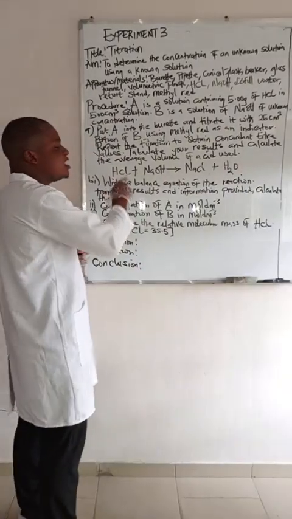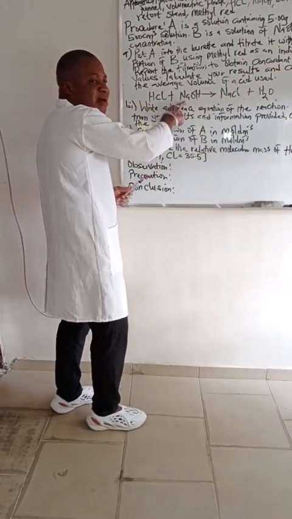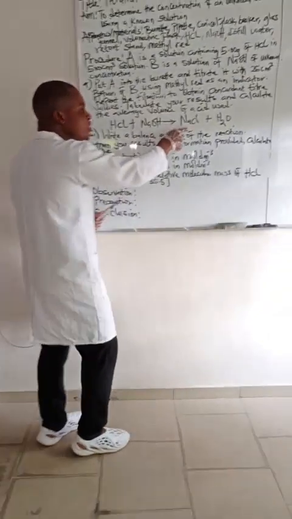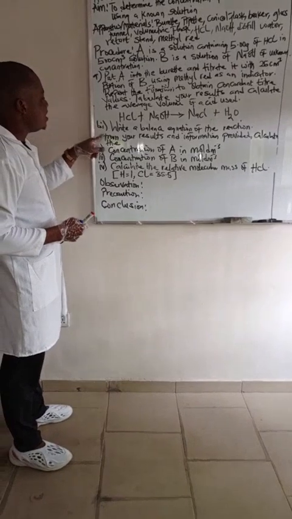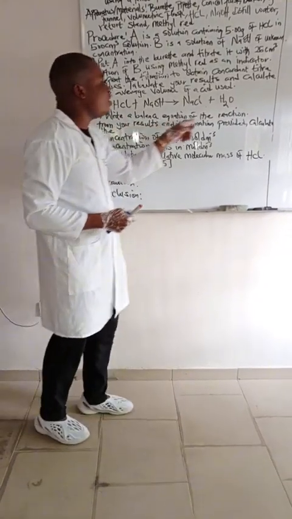Now, an equation is given on the board: hydrochloric acid reacting with sodium hydroxide, a base, to produce sodium chloride and water. Part B(i) says write a balanced equation of the reaction.